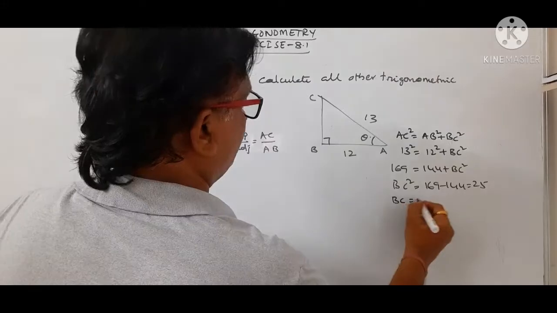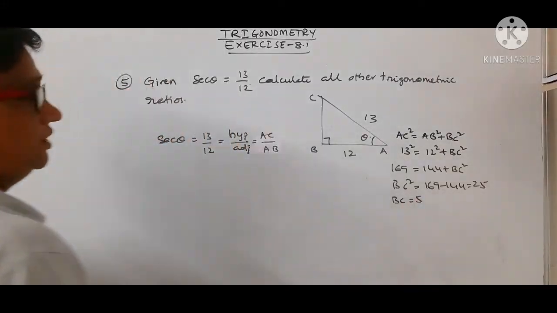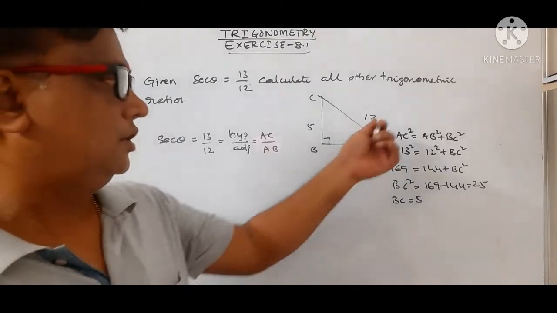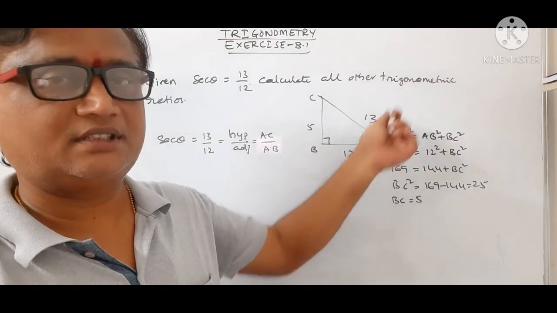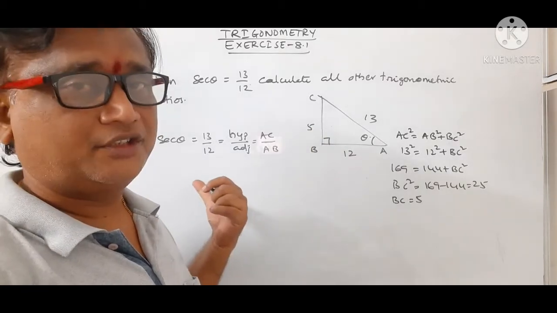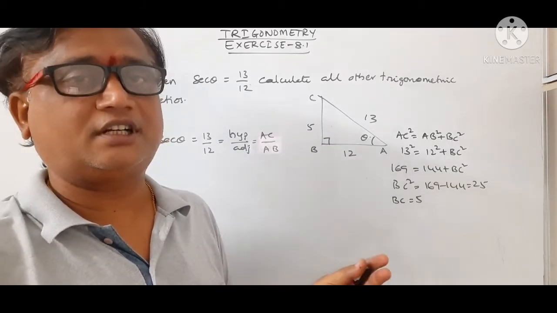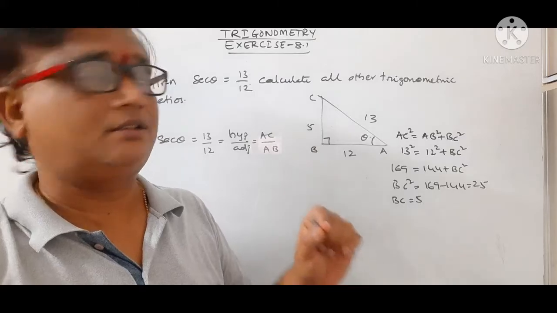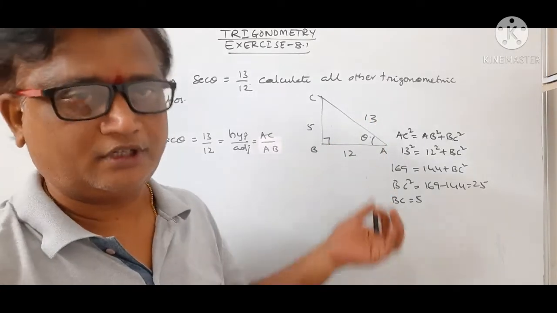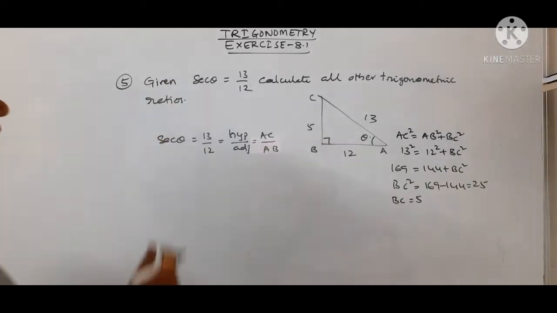So BC equal to 5 centimeters or 5 units. This is the 5. I already told you, you can take x also, 12x and 13x. Here it will become 5x. Because the ratio is given, when you split that ratio you put some constant. Here I am not putting it, but you can put that x also.